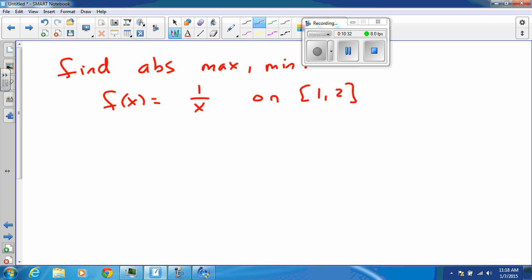Quick check. Am I wasting my time? Am I guaranteed that this function has an absolute max and an absolute min? Yeah, because it's continuous on the closed bounded interval 1 to 2. It has an absolute max, it has an absolute min. Find them. Go.